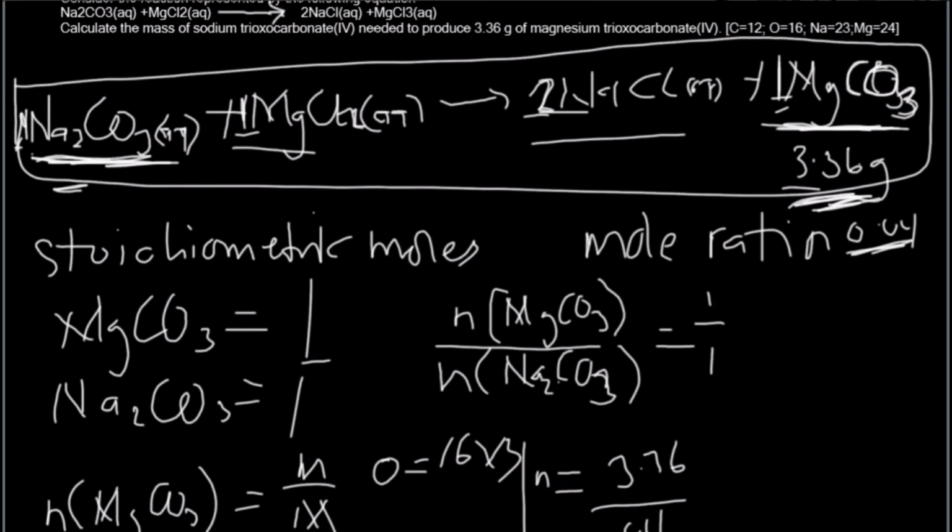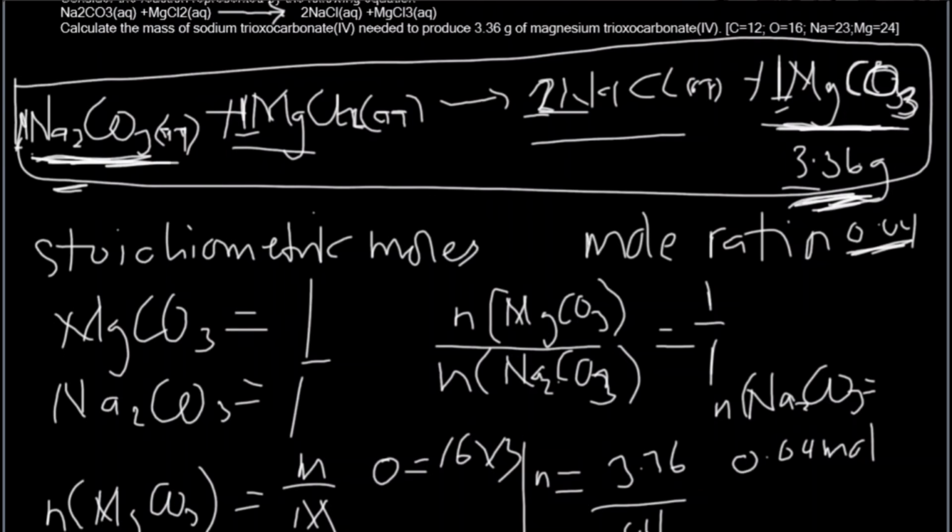Therefore, the moles for Na2CO3 is also equal to 0.04 moles because it's 1 is to 1.